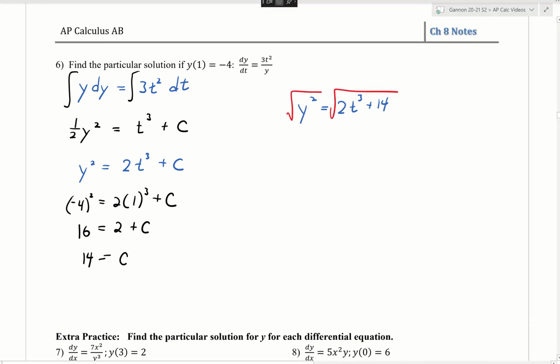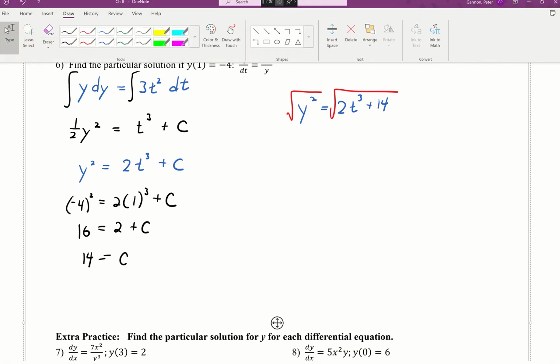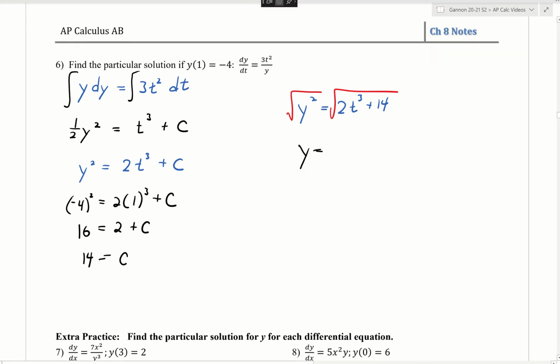All right, and one of the things that you might remember from algebra, hopefully you remember from algebra, is that when you solve an equation by square rooting, you're really going to get plus or minus the square root of 2t cubed plus 14. All right, but in this case, we want to find the particular solution that is going to satisfy this condition.